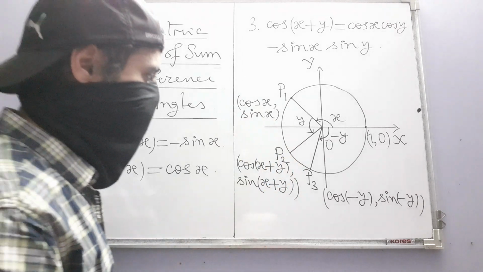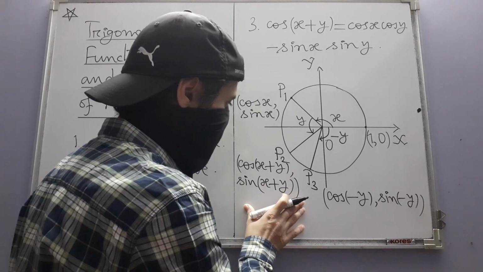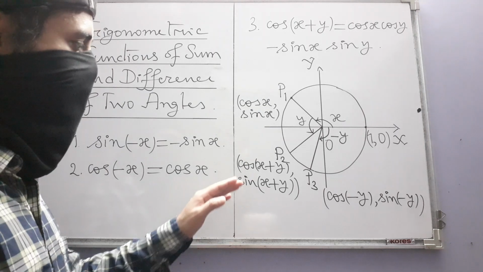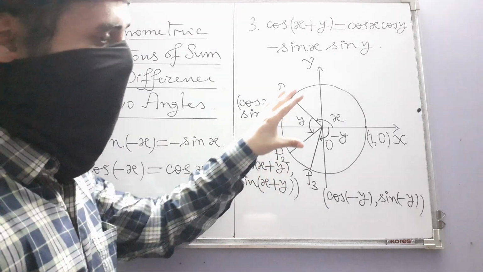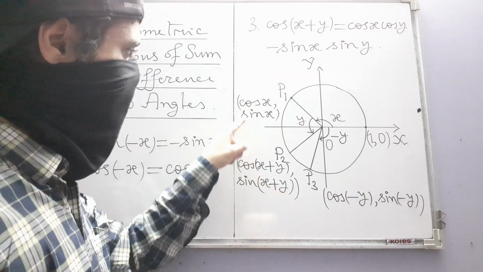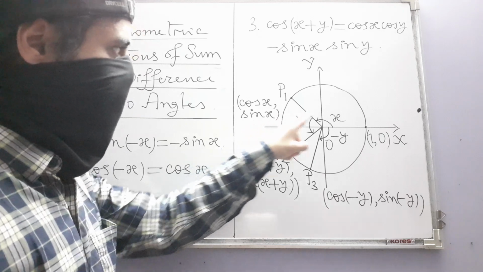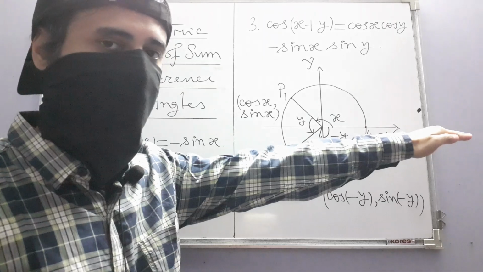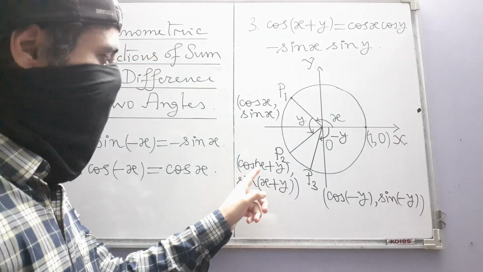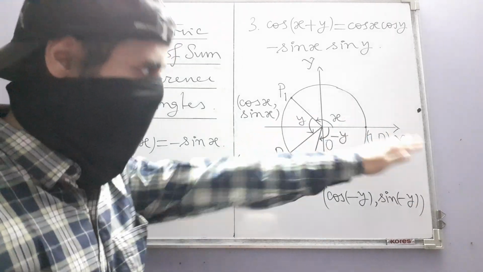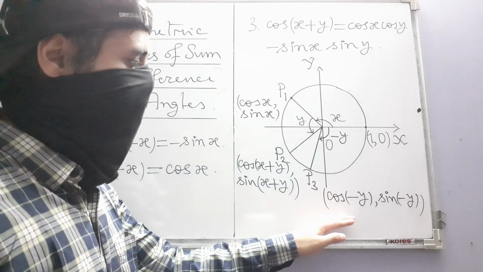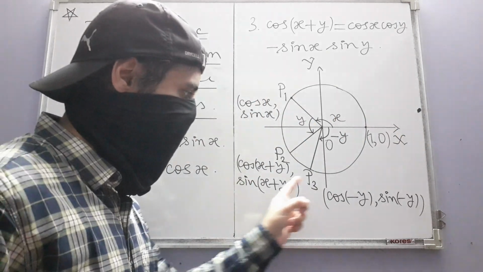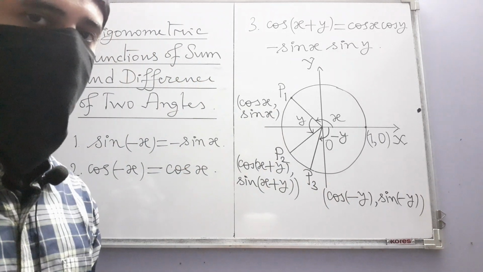No. Whatever coordinates of these points on the unit circle you want to write, they should come from angles which are in standard position. These coordinates have come from the angle x, which is in standard position. Its initial line coincides with the positive x-axis. The initial ray of x plus y also is the positive x-axis, and the initial ray of minus y is also the positive x-axis. Then only you can write the coordinates of these points like this.